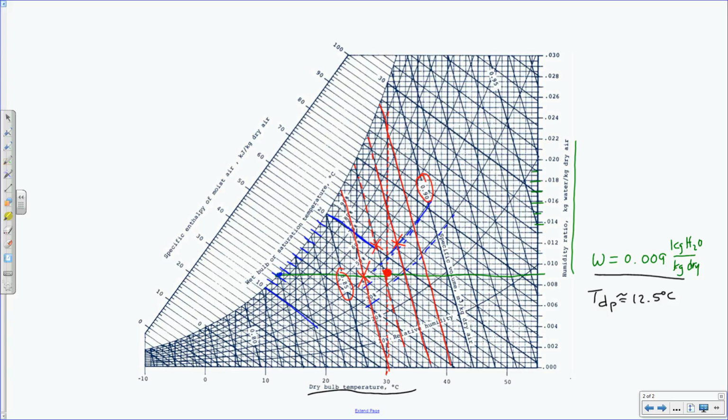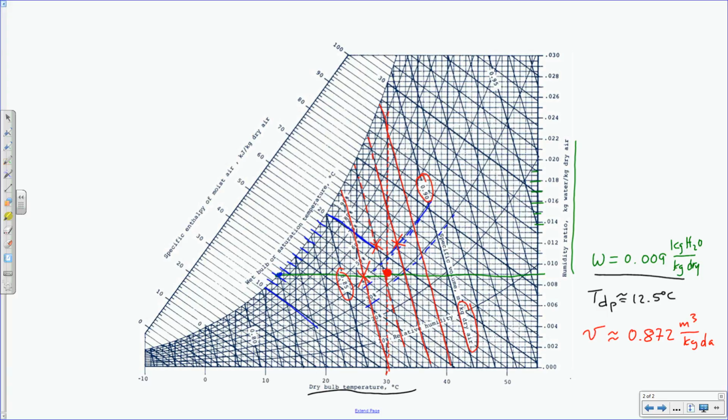So our dot is somewhere between 0.87 and 0.88. Our specific volume is about 0.872 meters cubed per kilogram. Now this is kilogram of dry air. So I'm going to put a little dA there to remind ourselves.